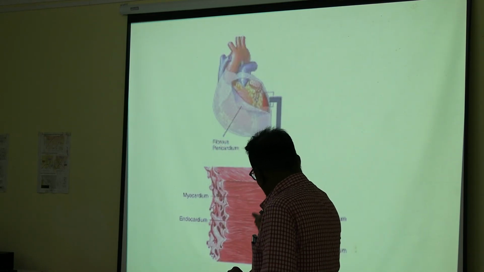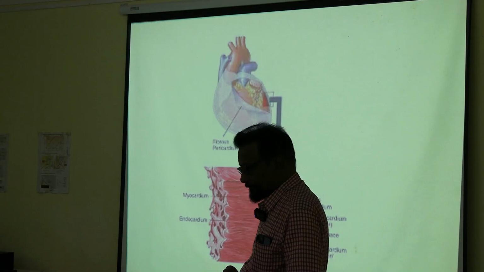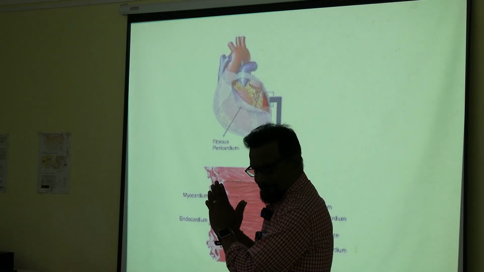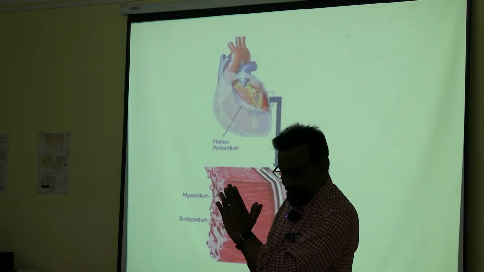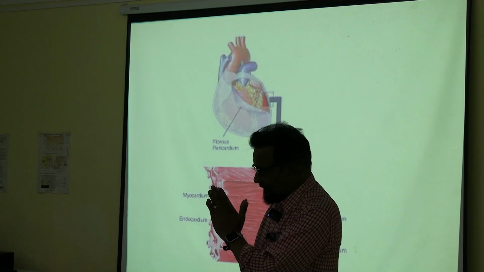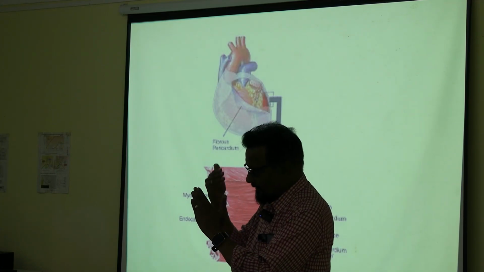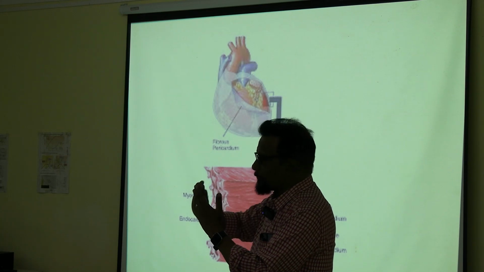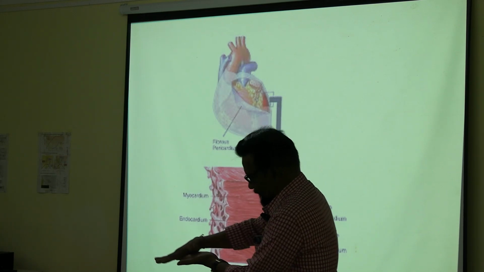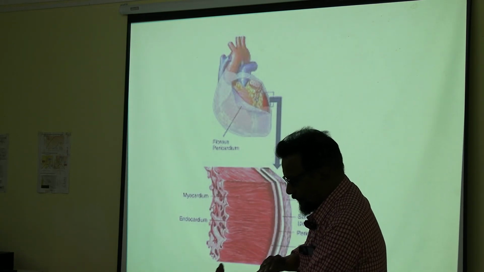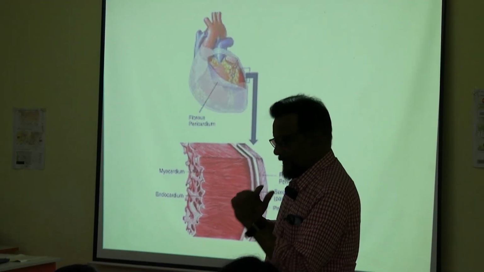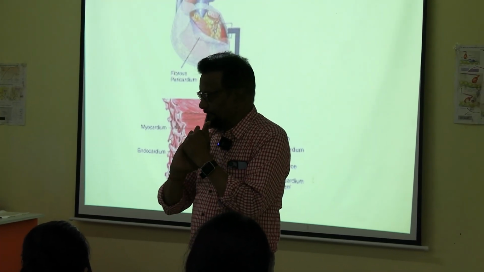Now you do one thing. Take out some portion of the endocardium. Take out this layer. What is there? In this layer, epithelial tissue is there. Now you fold it like this. Now what will be outside?